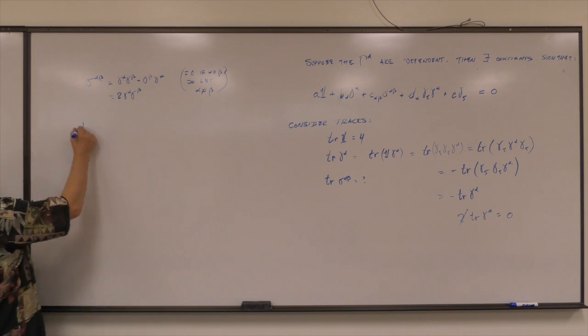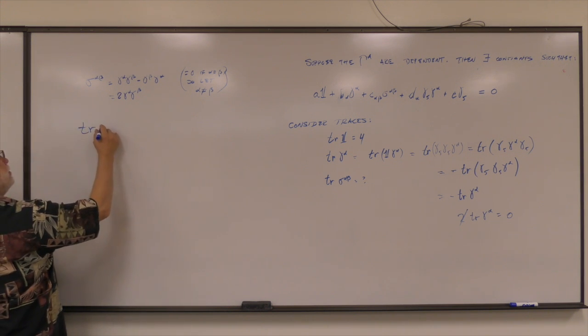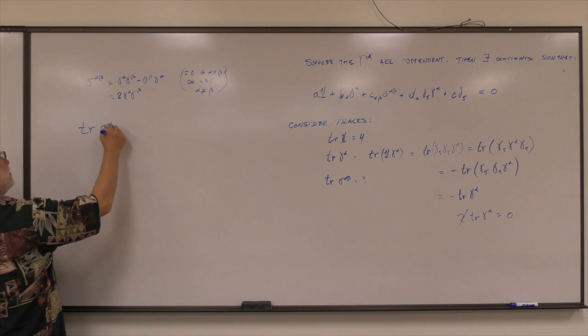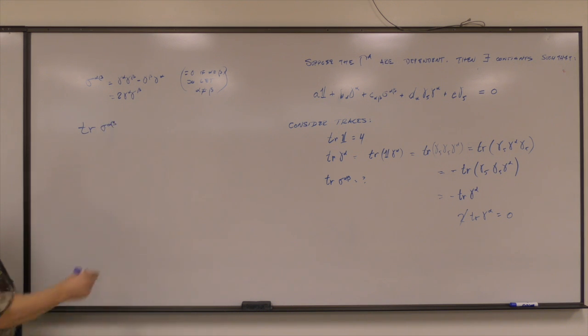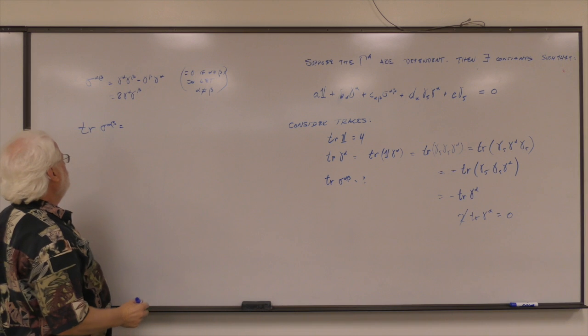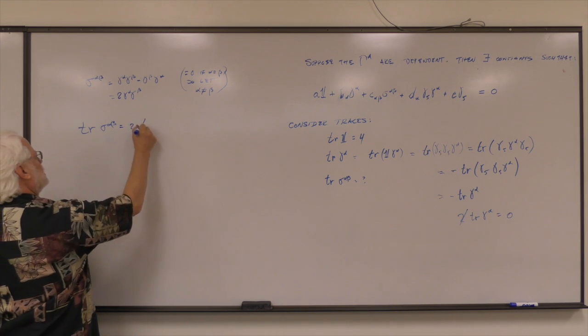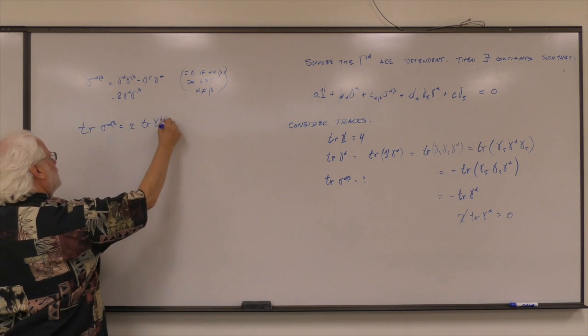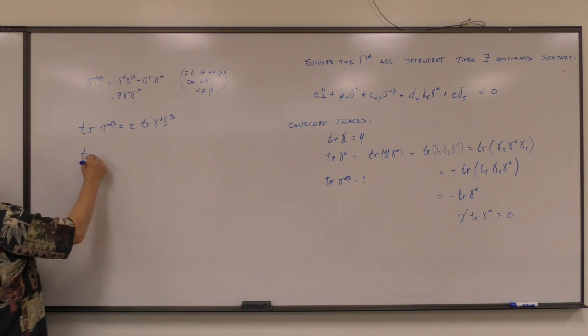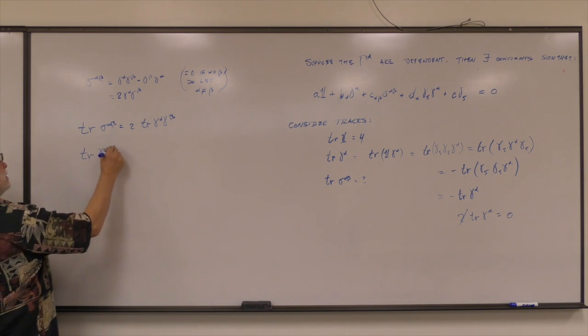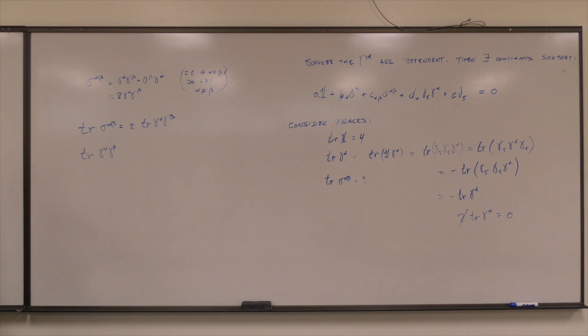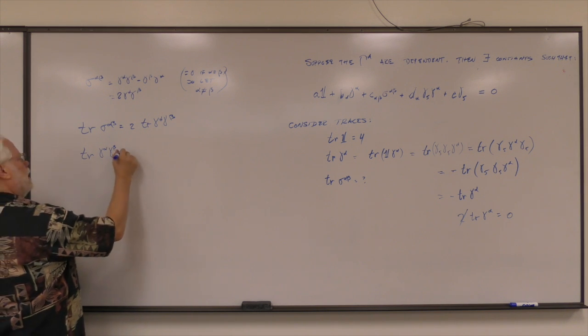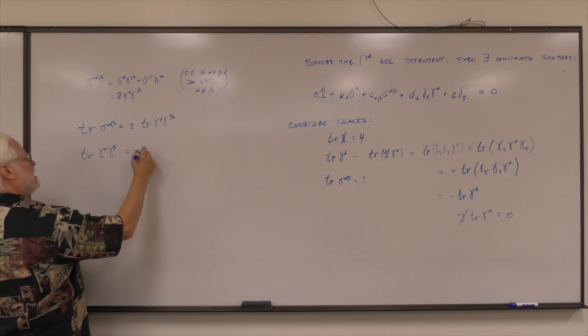So the trace of sigma alpha beta is going to be equal to twice the trace of gamma alpha, gamma beta. Now, the trace of gamma alpha, gamma beta, let's see, is that quite right? Yeah, that's right. All right, now let's use the fundamental relationship.